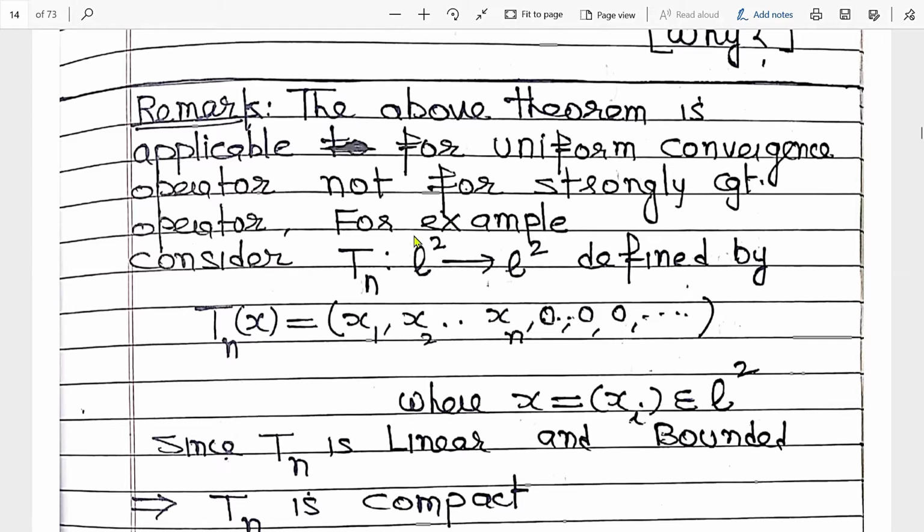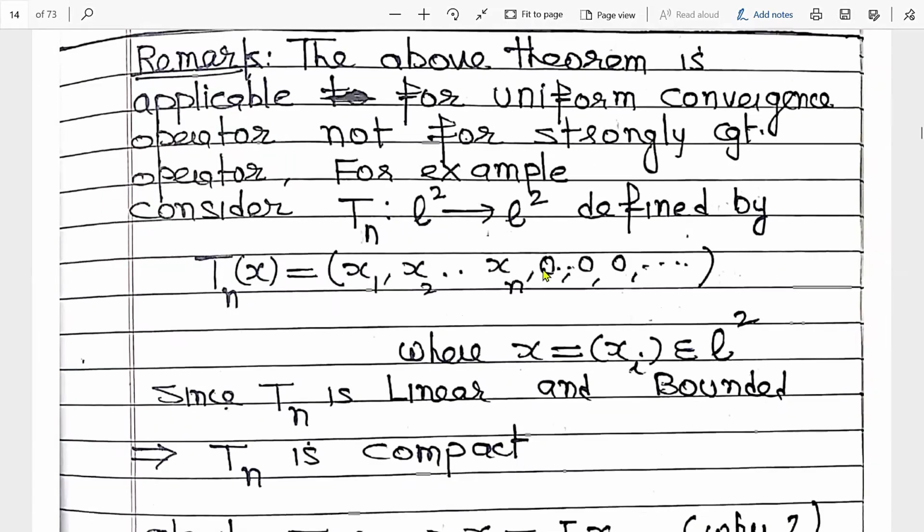So in this case, consider an example. Consider the operator Tn from small l squared to small l squared. It is defined as follows. l squared consists of sequences x1, x2, x3, xn and so on. Now we take the operator in such a way that the first n terms are non-zero and after the nth term the other terms are 0.